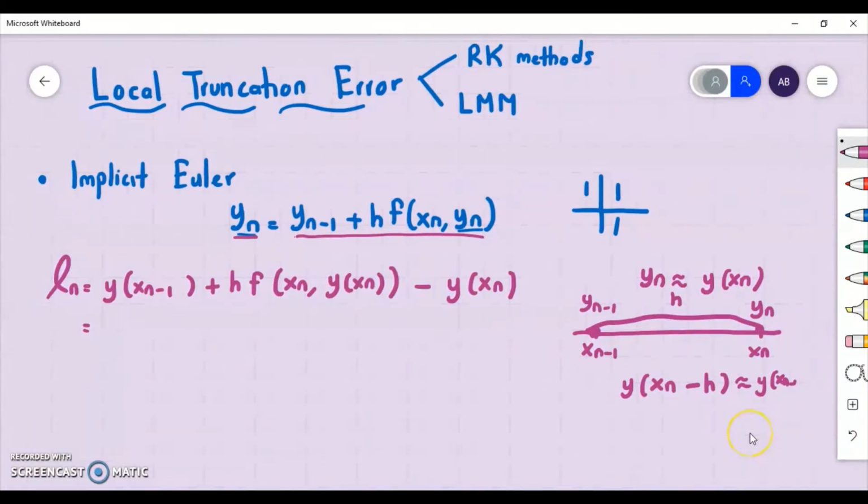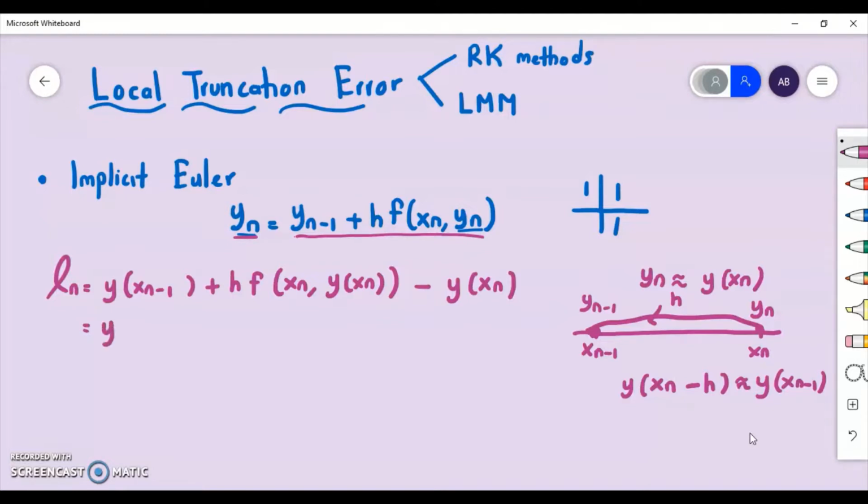Let me write it properly. The notation for this one will be y at xn minus 1. To find the value of y at xn minus 1 is simply y at xn minus h, because I'm going back, so you have a negative sign here.